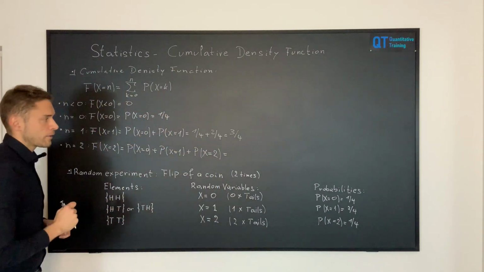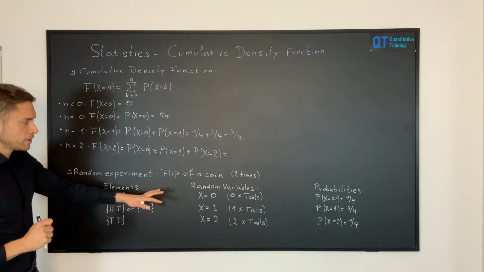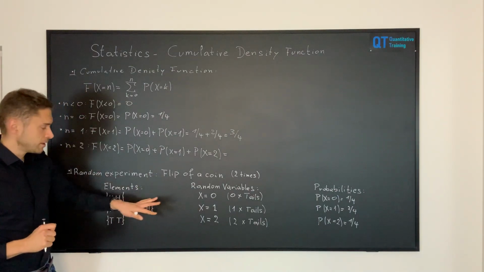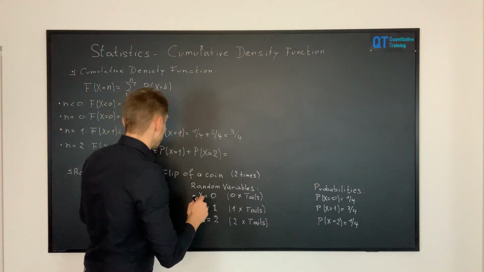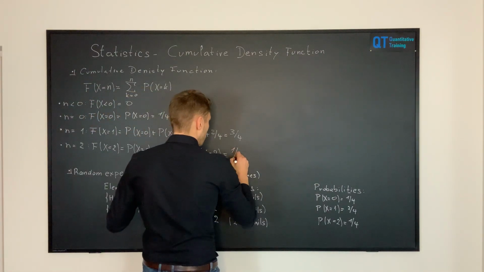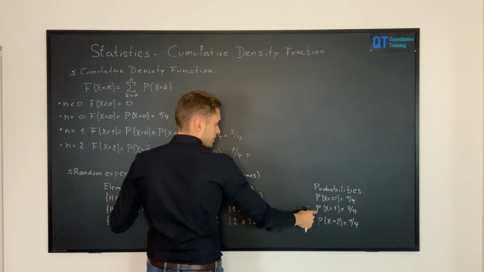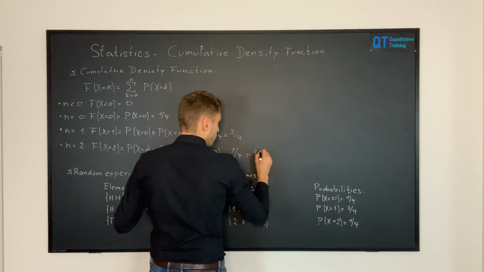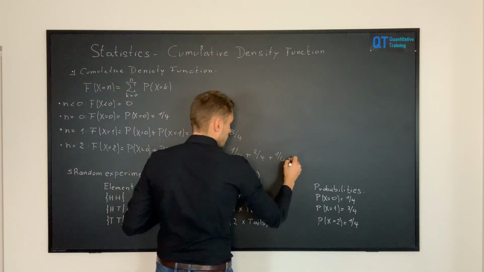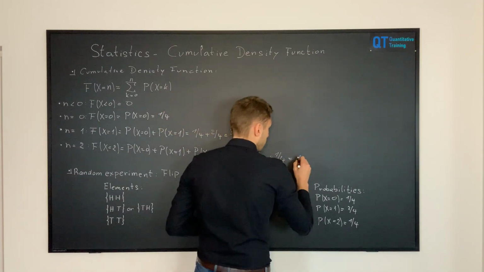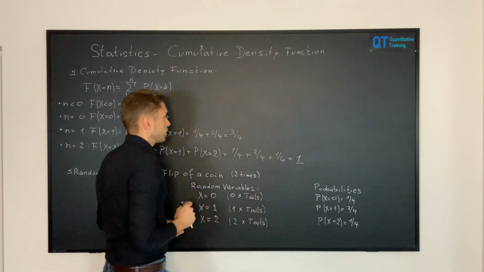And this time we should recover 1, because we are taking all 3 random variables that represent the different elements contained within this sample space. So let's have a closer look. P of x equals 0, 1/4, plus P of x equals 1, 2/4, plus P of x equals 2, 1/4. And indeed, we recover the number 1 here for the total probability.